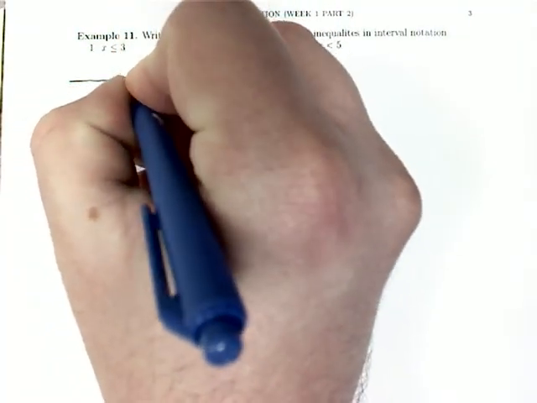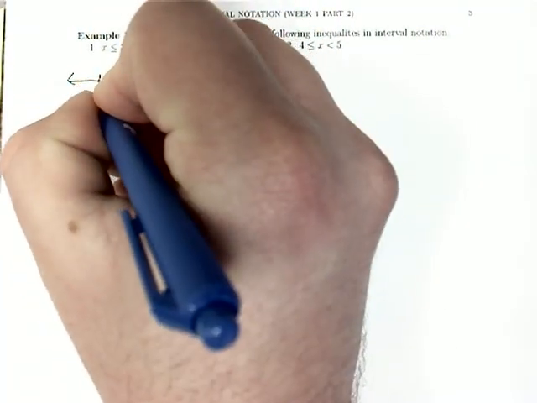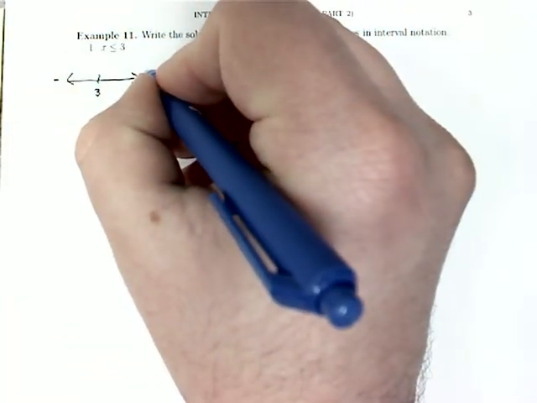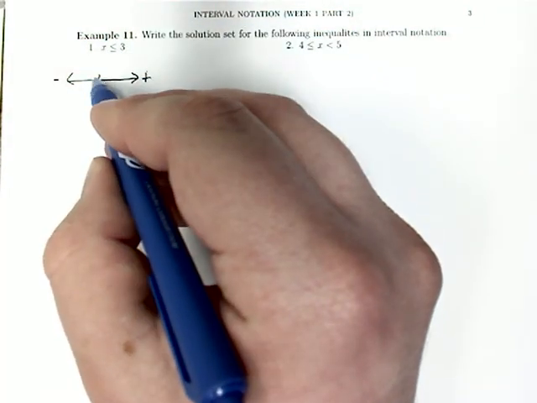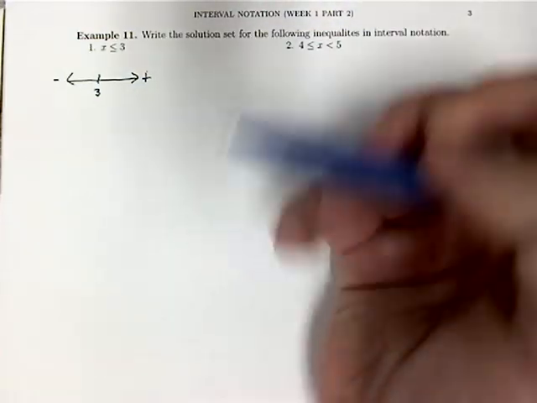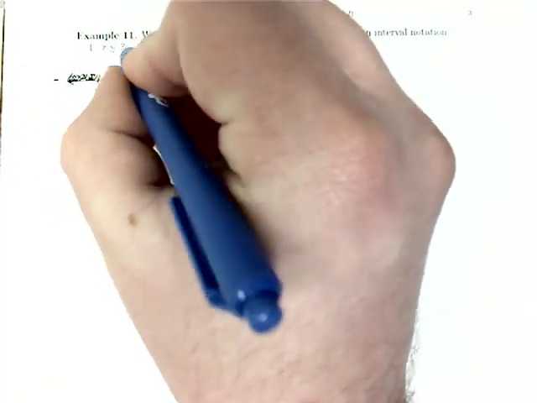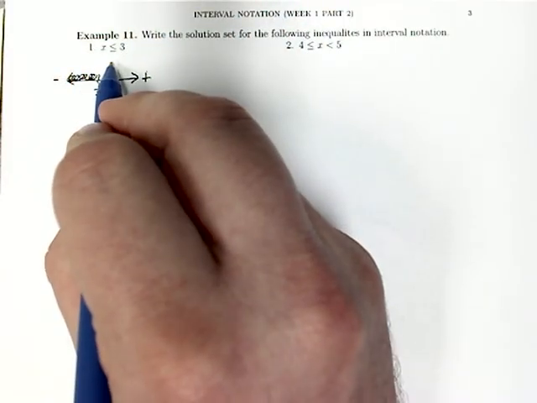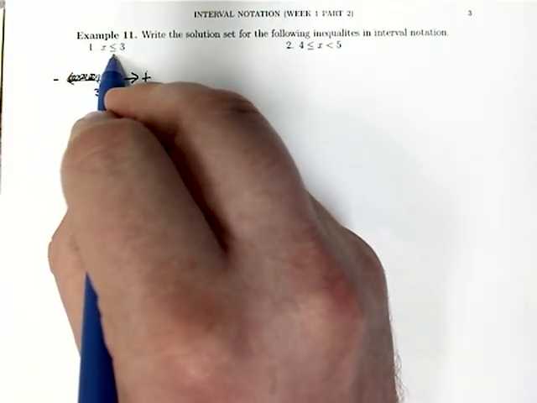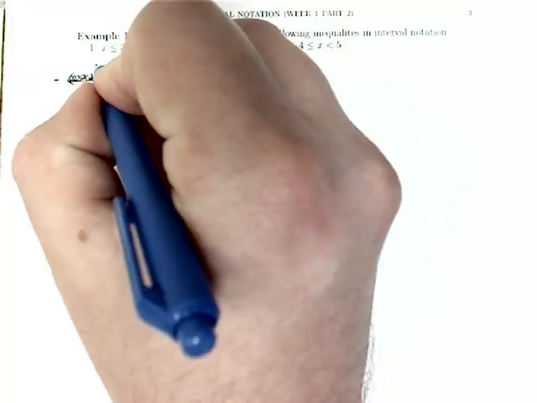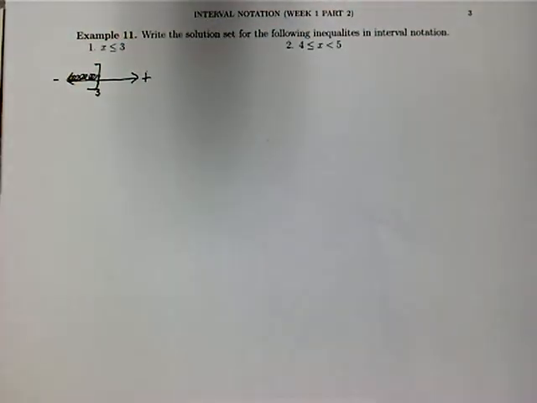So we can turn that into a graph. Again, just make a number line with 3 plotted in the middle. All numbers less than or equal to 3, is that on the left or the right? Yeah, it's on the left. And then from the inclusive inequality, we have a bracket.